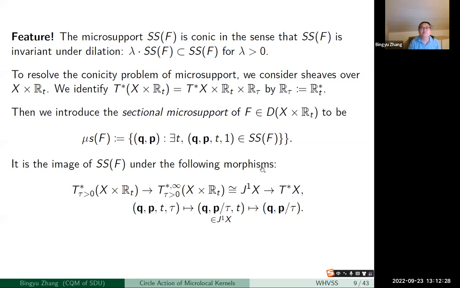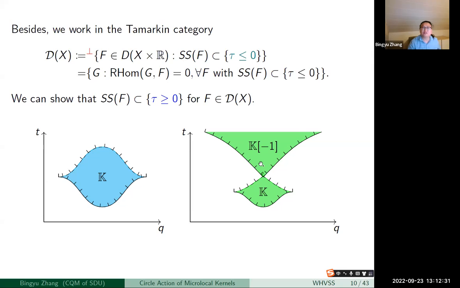Now let me see some examples here. First, let me just look at the picture. On the left-hand side, you can see this locally closed set, which you can think of as the interior of the region bounded by the front projection of a Lagrangian R_0 in J^1(R), and then the sheaf is the constant sheaf on it.